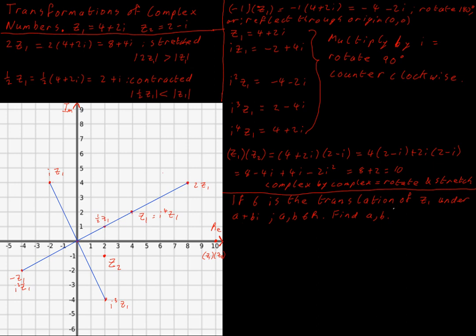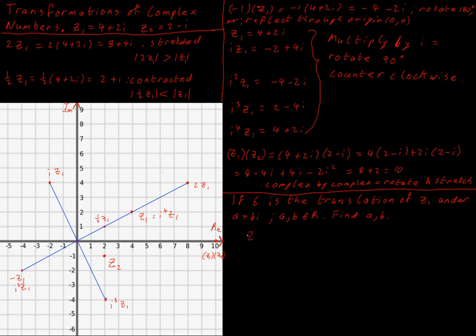So at translation, we know that our complex numbers are effectively vectors. I've kind of mentioned this before. They have a particular direction, and if you add them together, we say we have a translation. So if we add z1 and some other complex number that we need to find the components of, then we are going to end up with 6.